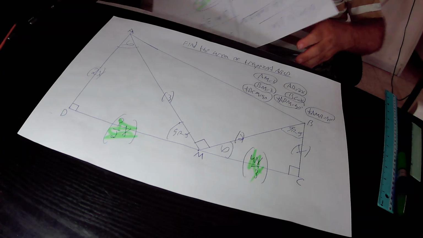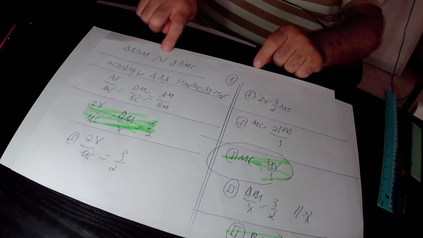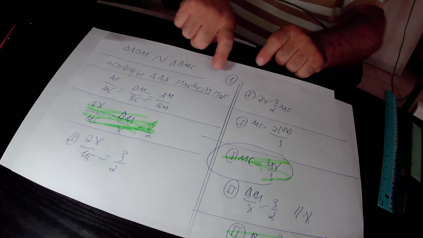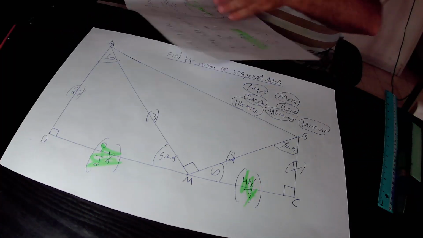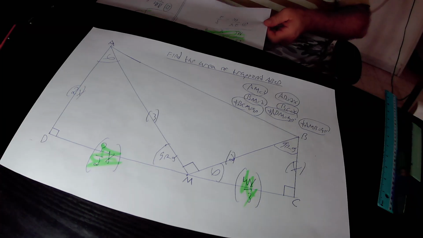So I said again, I found out that the big right triangle ADM is similar to the small right triangle BMC according to the angle similarity rule. And from the fact that those two right triangles are similar to each other, we derive that the following relationship exists between their sides.